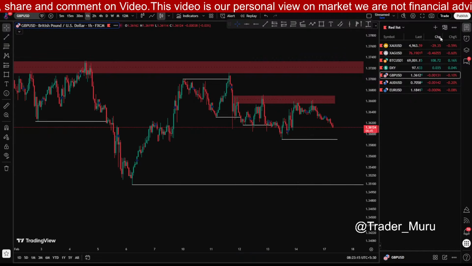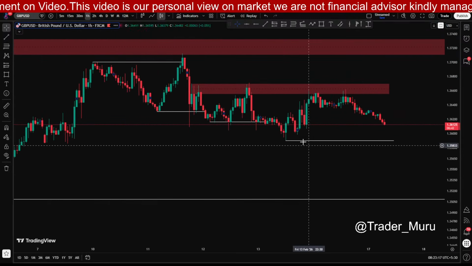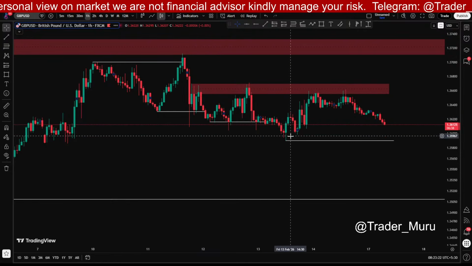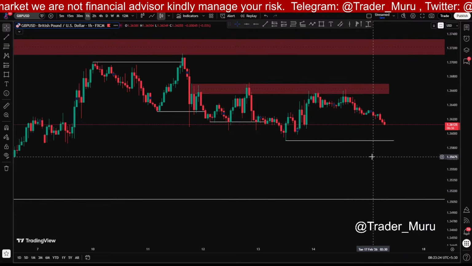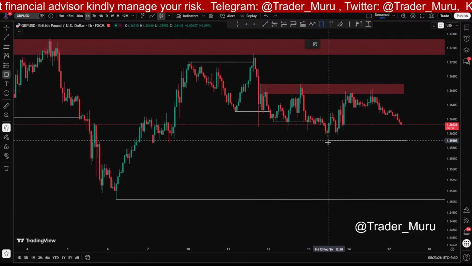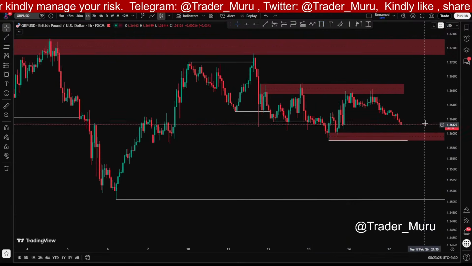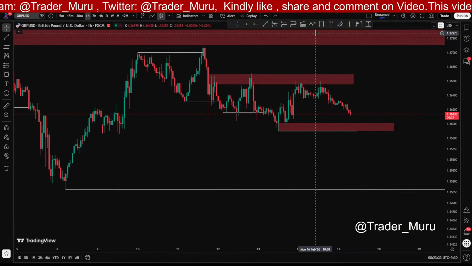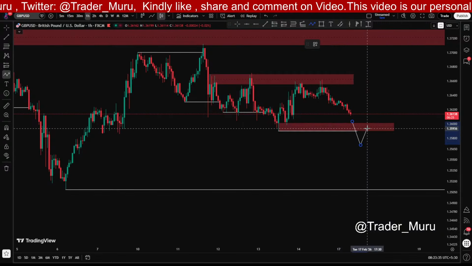Look at this. This is your change of character, then this is your breakout structure. This is retracement, and a break below will be your new breakout structure. Then on the retest, you can short to this area around 1.35 on the break and retest.